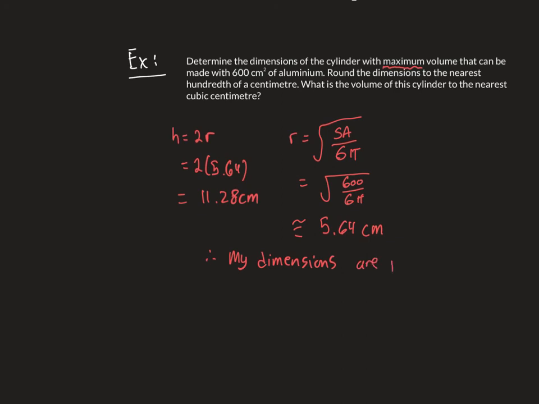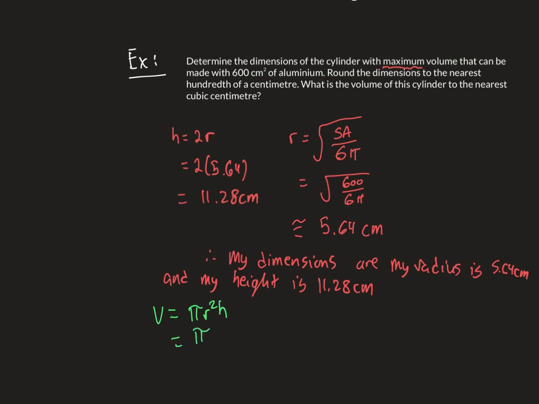Okay. So, therefore, my dimensions are my radius is 5.64 centimeters, and my height is 11.28 centimeters. Now, if I've got my radius and I've got my height, I can find my volume. And to find your volume, remember, it's pi r squared h.